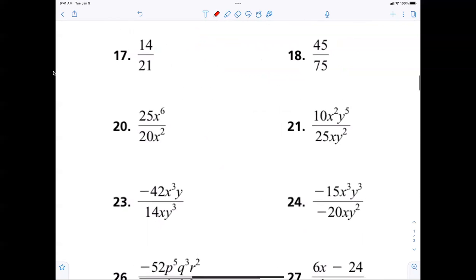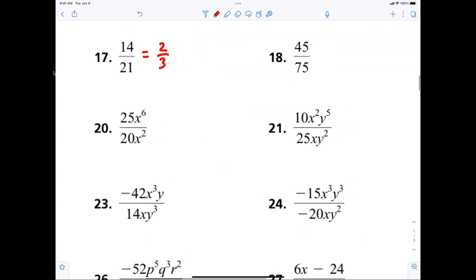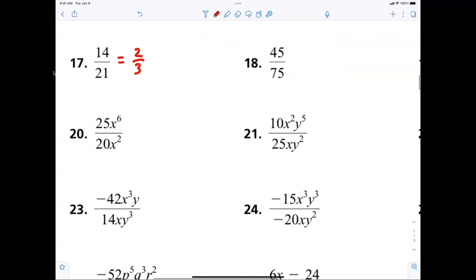That's embarrassing. 14 over 21 just reduces to 2/3. They're trying to show you the basics are the same application to the more advanced stuff. So for number 18, I can divide by what? 15.